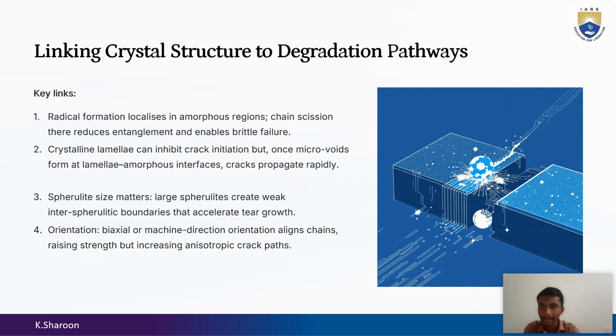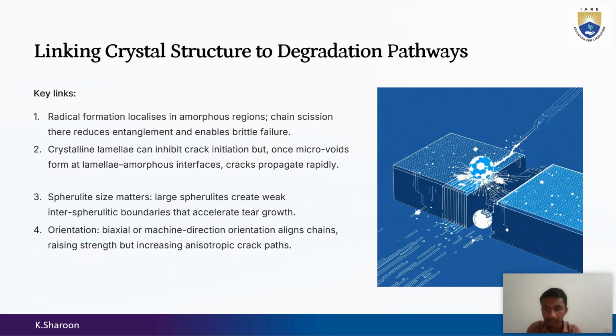Key links: radical formation localizes in amorphous regions. Chain scission there reduces entanglement and enables brittle failure. Crystalline lamellae can inhibit crack initiation, but once microvoids form at lamellar-amorphous interfaces, cracks propagate rapidly.